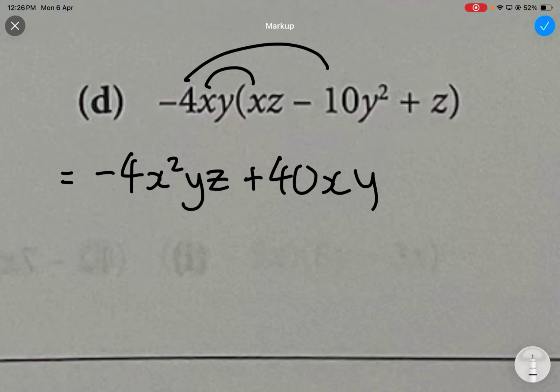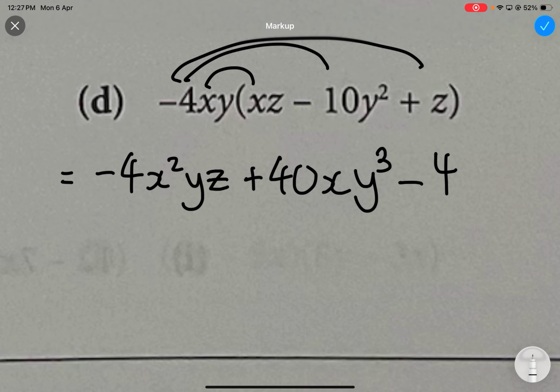Then y times y squared, so y to the power of 3. Lastly, negative 4xy times positive z. Negative, positive, negative. 4xyz.